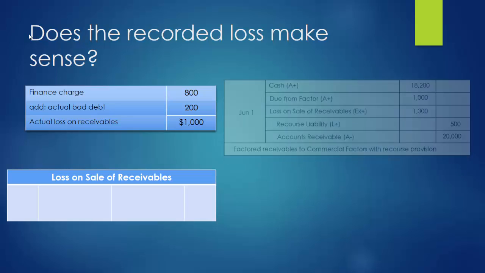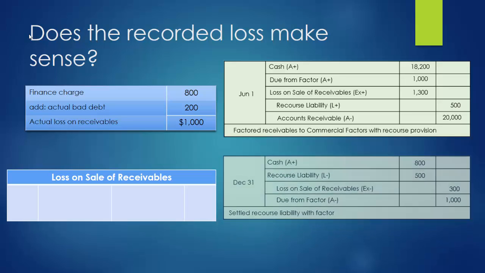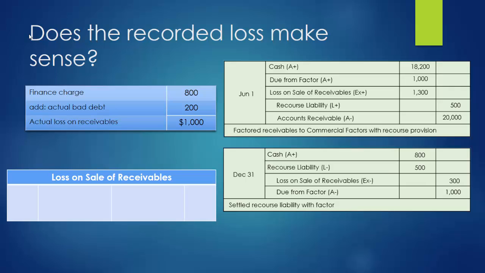Well, let's look at our journal entries. On June 1st, we recorded the factoring of these receivables, and on December 31st, we settled the outstanding amount with our factor. We settled that due from factor, the receivable. In the June 1st entry, we debited loss on receivables for $1,300.